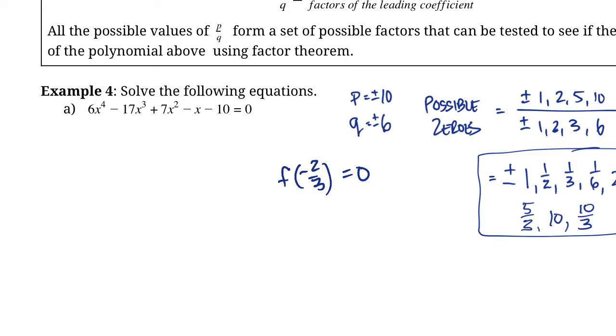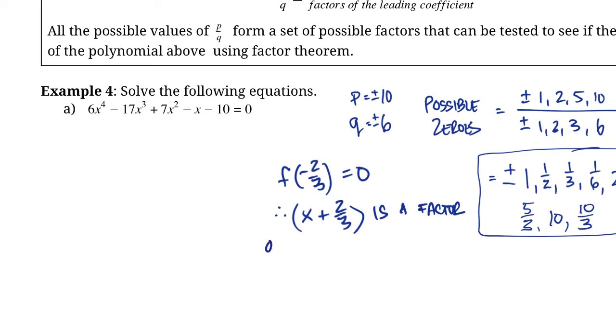So if we know that that's one of the zeros, or one of the solutions to the equation, then we know that x plus 2/3 is a factor, right? Now, we don't usually have fractions in our factors. We can get rid of fractions by multiplying both terms by 3.